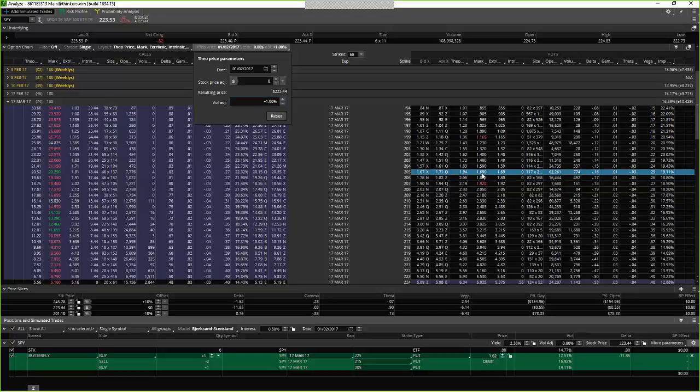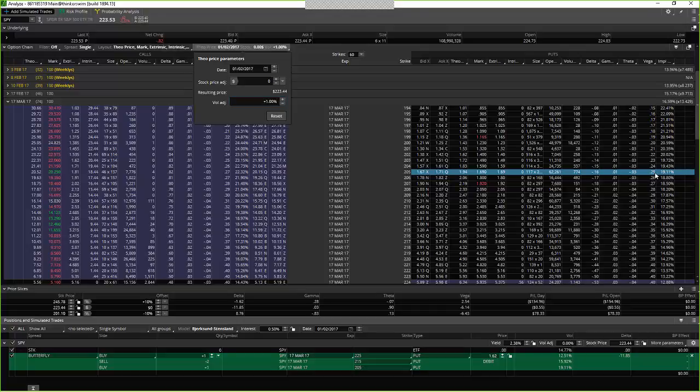Did I do my math wrong? Yeah, I did. It's 194, not 184. And that's exactly what happened. So what vega tells me is that if the volatility of this specific strike, very important, of this specific strike goes up by 1 point, it's going to go up by 25 cents. Very, very important. This specific strike.